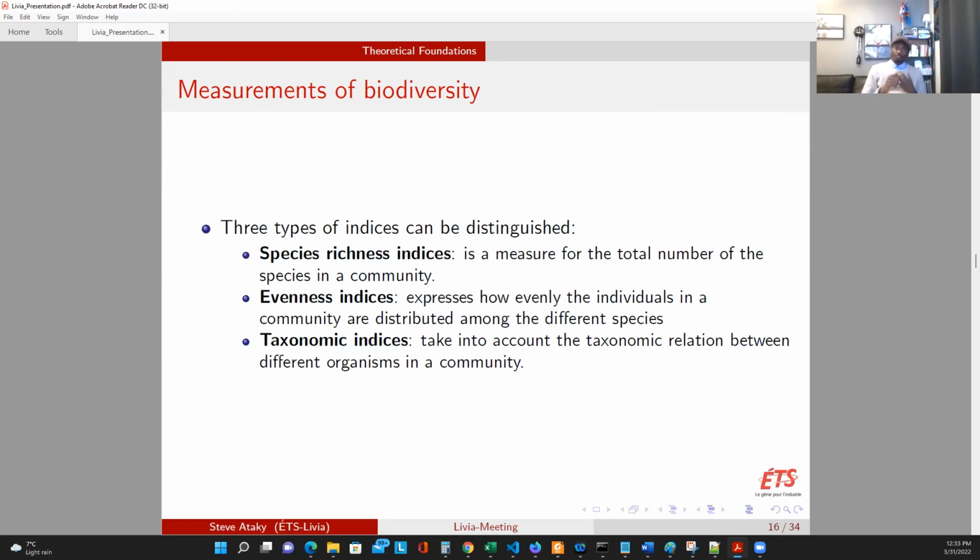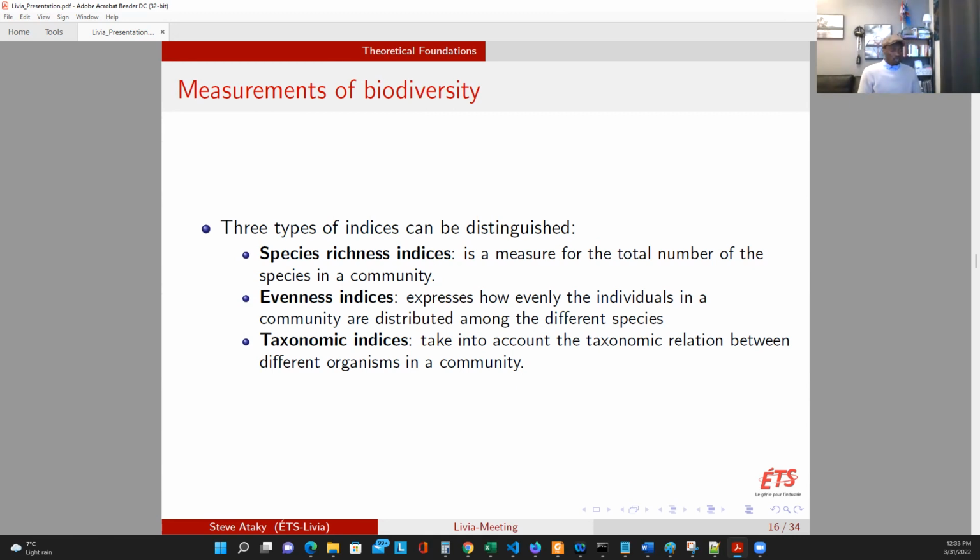We have evenness indices, which express how evenly individuals in a site are distributed among different species. We have taxonomic indices, which take into account the taxonomic relation between different species or organisms in a site or in a community.